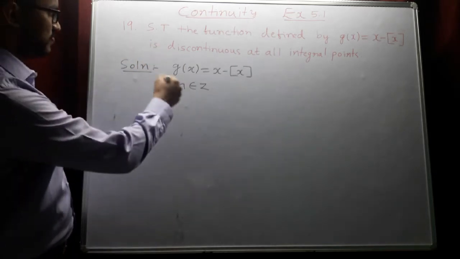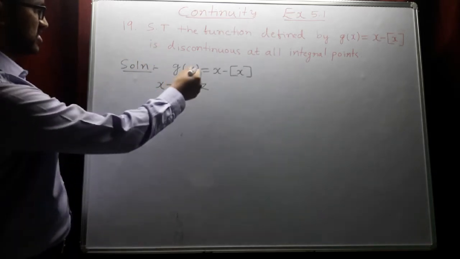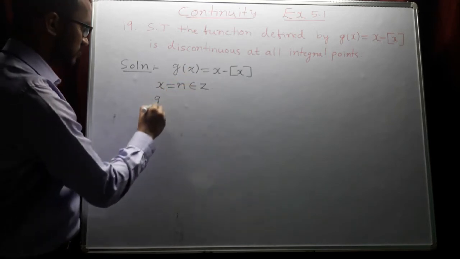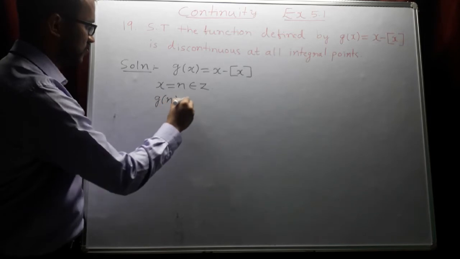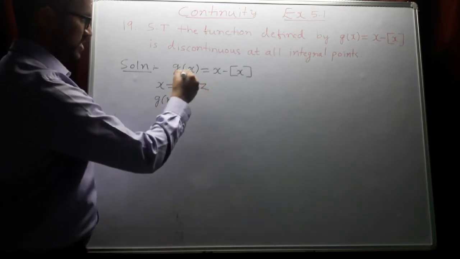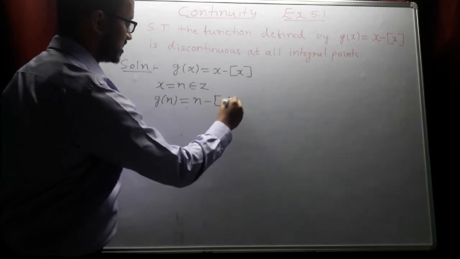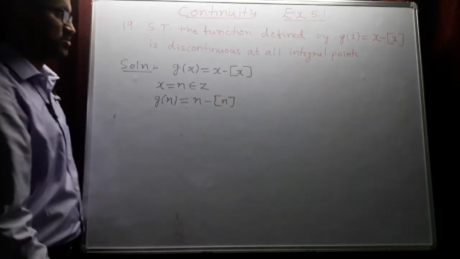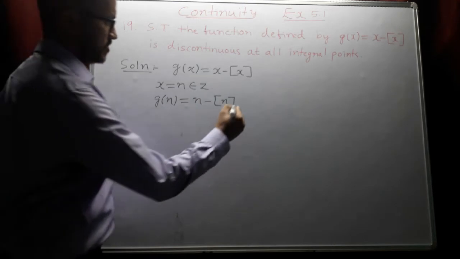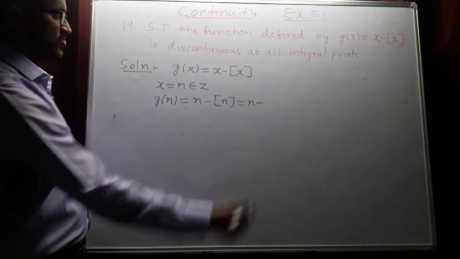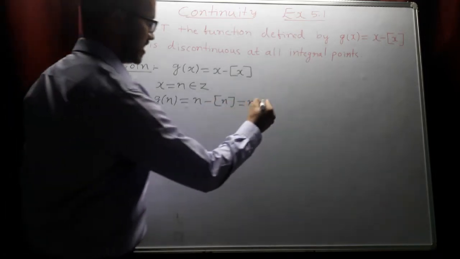Let us compute the value of the function g of x at integral values. That is g of n equals n minus greatest integer less than or equals to n. That is n minus the value of this, which is n itself.